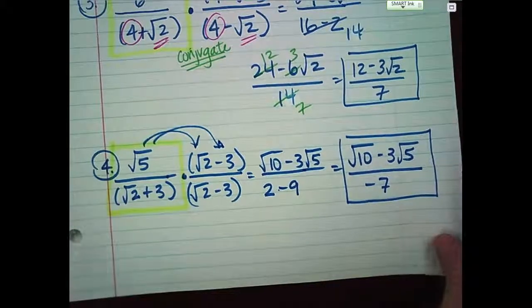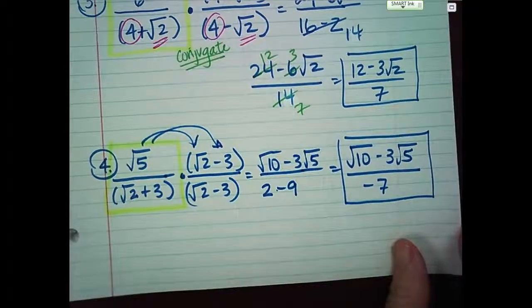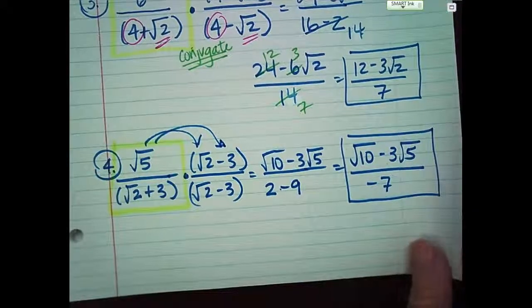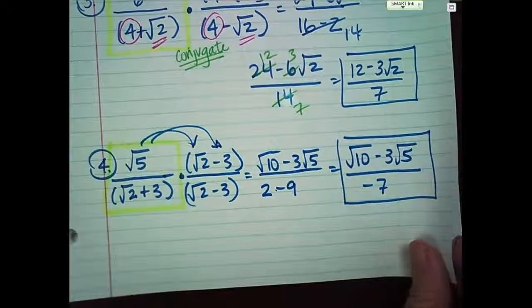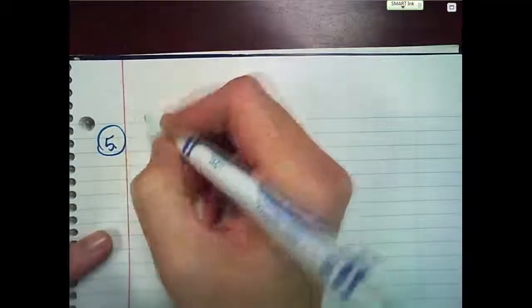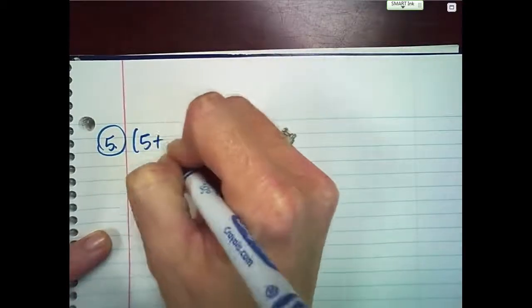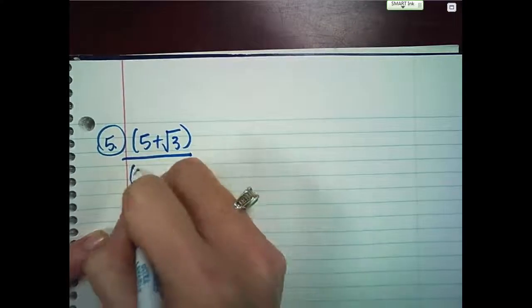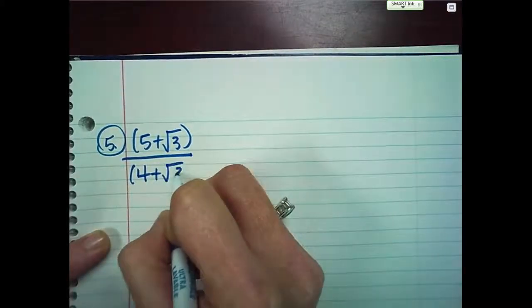Number 5. Are you ready? This is 5 plus root 3 divided by 4 plus root 3.